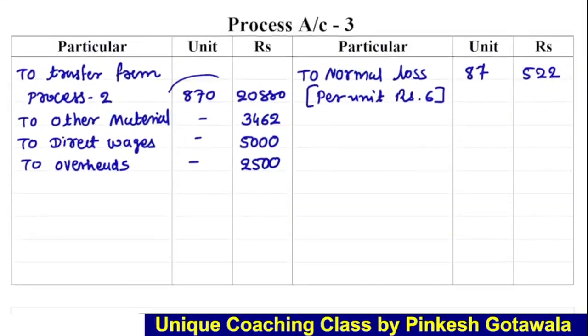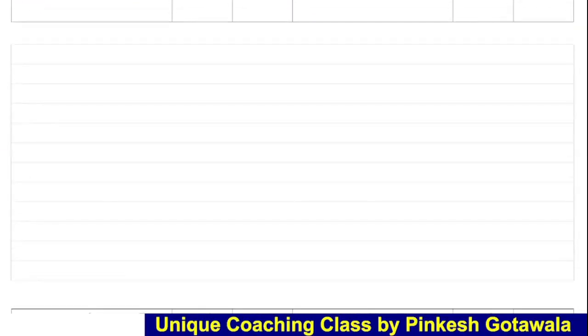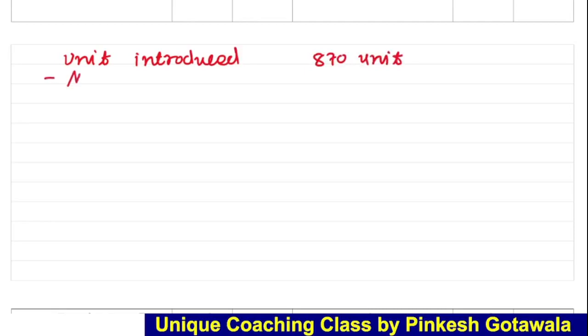So in process 3, 870 units introduced and 87 normal loss, that is 10%.